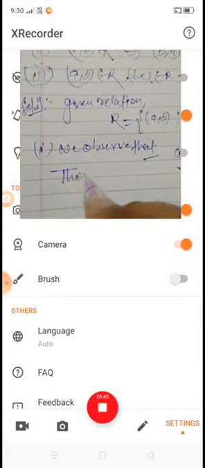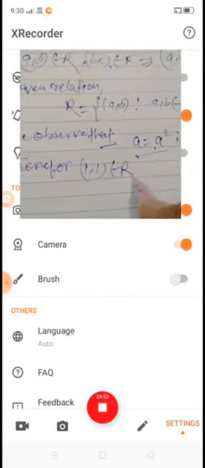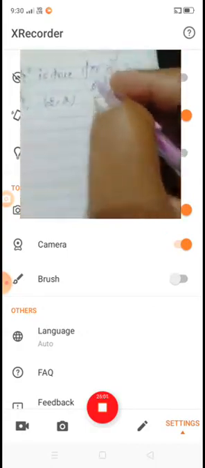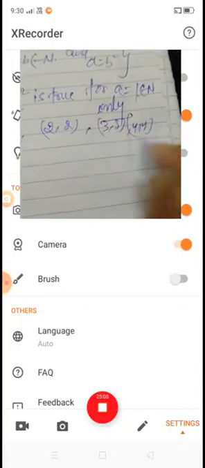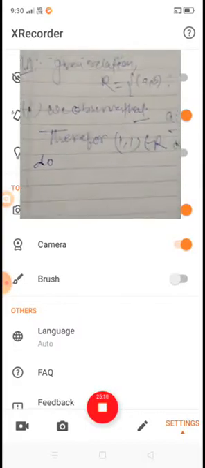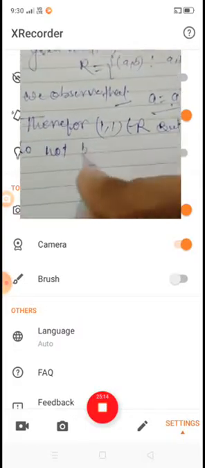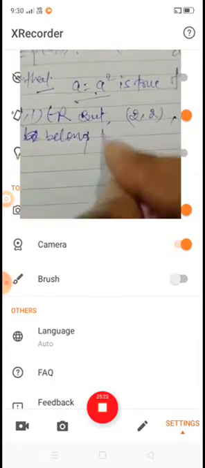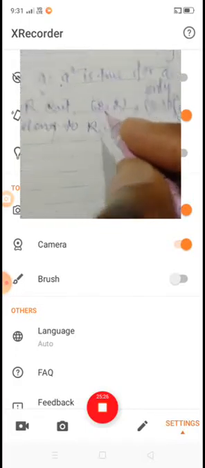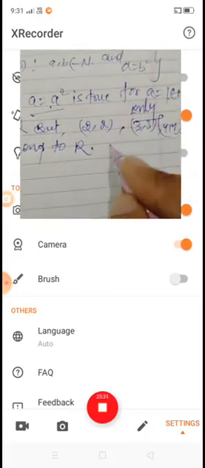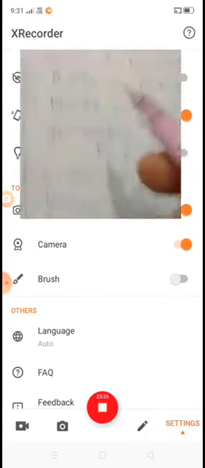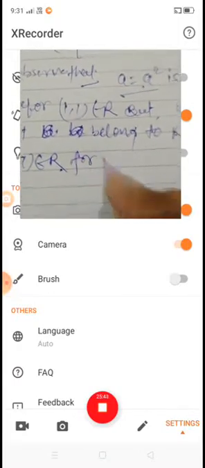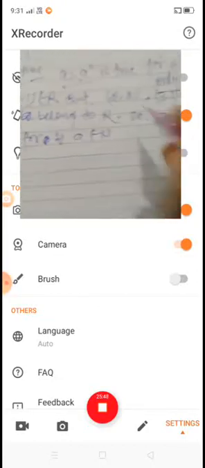Therefore (1, 1) belongs to R, but (2, 2), (3, 3), (4, 4) etc. do not belong to R. So (A, A) belongs to R for all A belonging to natural numbers is not true.